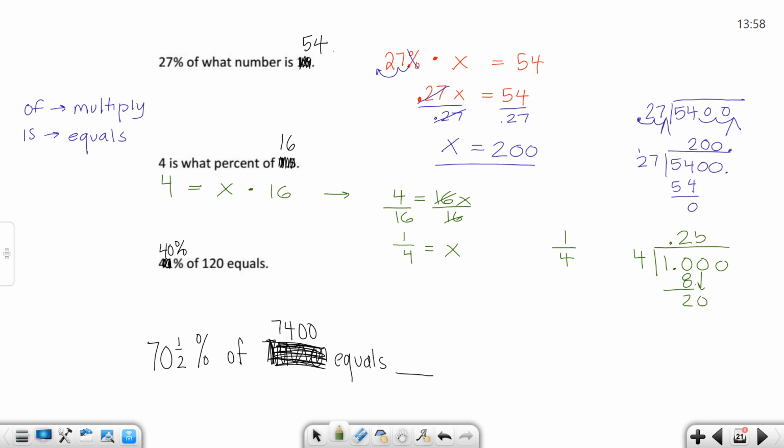And 4 goes into 20 5 times. So this would be 0.25 as a decimal. To write it as a percent, I'll move it over 2 places and add the percent sign. So when it asks you for what percent, it's going to be 25%.